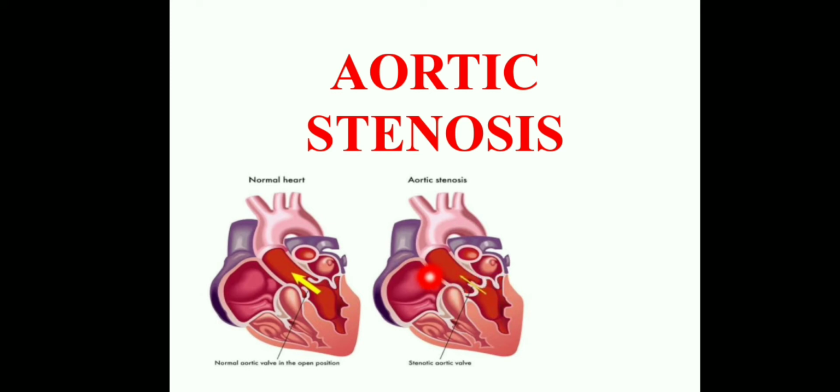Look here at how much gap is there in the aortic valve normally. But here there is an abnormal narrowing, that is stenosis. This is about aortic stenosis, meaning narrowing of the aortic valve.